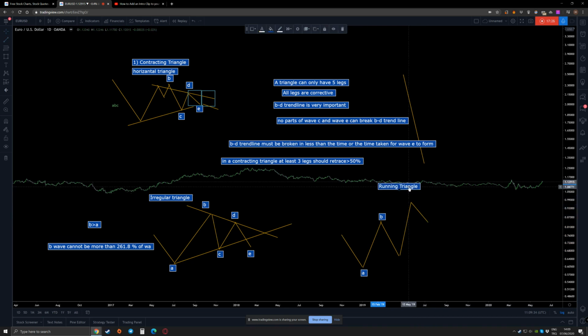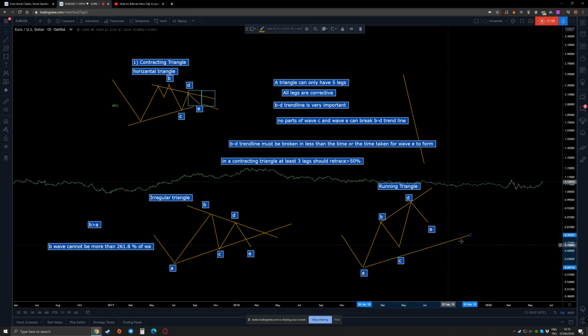Here is actually what matters. Now look, when I draw my triangle B to D trend line, and A and C trend line, which is normal, they're supposed to be contracting, so I will go like this.